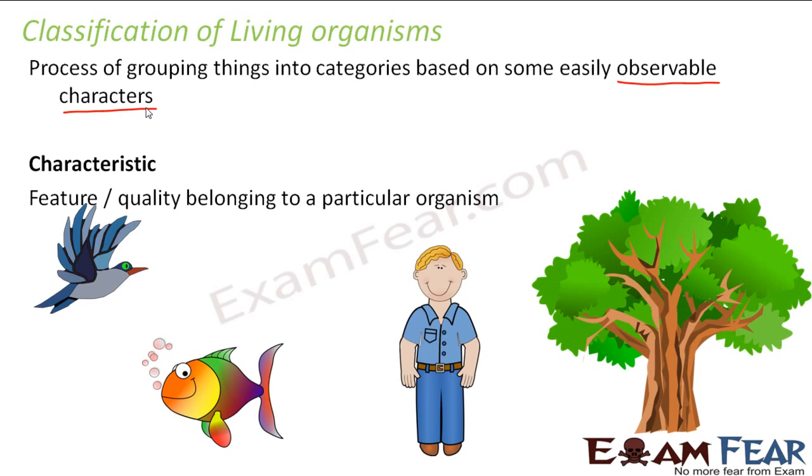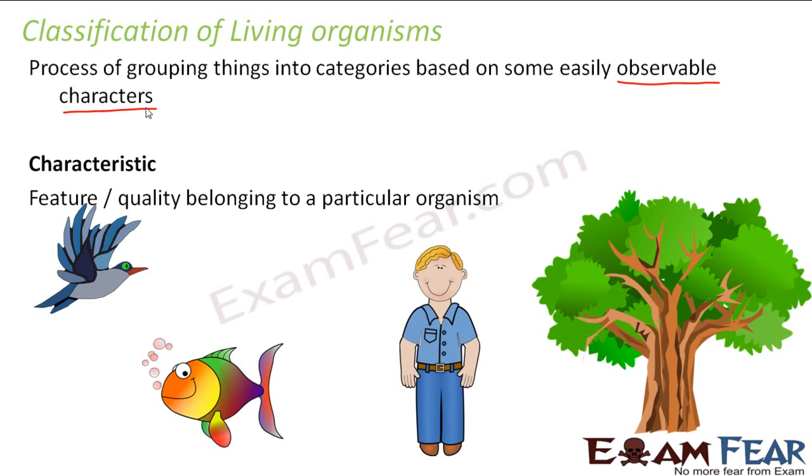For example, here you can see a couple of organisms. If I talk about a bird, birds can fly. So flight is a characteristic of a bird. It is something very specific to a bird. Whenever I talk of a bird, any feature that you can quickly relate to a bird is flight.